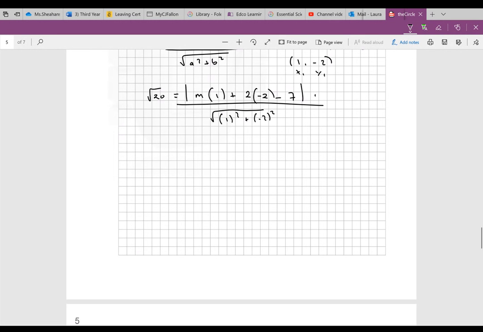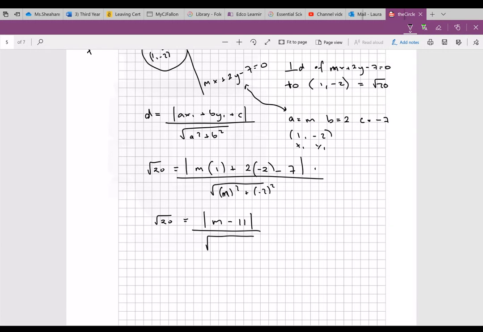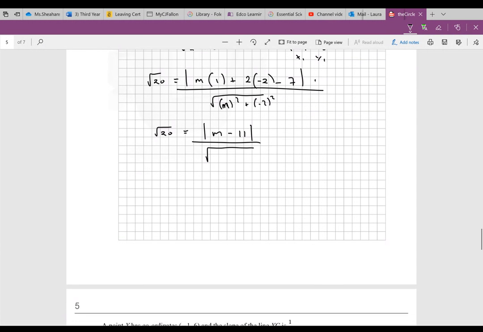Okay, which leaves me with root 20 is equal to m, and 2 times minus 2 is minus 4, minus 4 minus 7 is minus 11. So m minus 11 over, and apologies here, this one should be m squared because a is m, over m squared plus 4. Okay, minus 2 squared is 4.